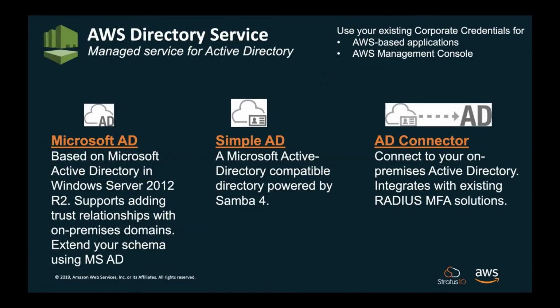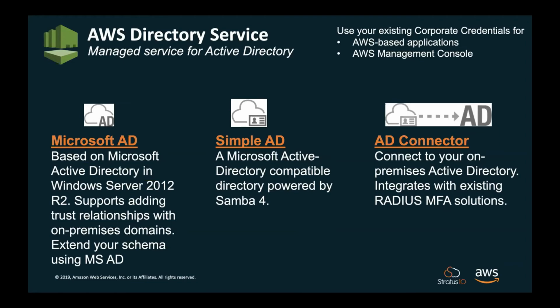AWS also has a managed Active Directory service. It's one of the means you can use to provide operating system access to your Windows boxes. There's Microsoft AD, the managed service that gives you Active Directory. It's running on Windows 2012 R2, and it can create a trust relationship with your on-premise AD configuration as well.